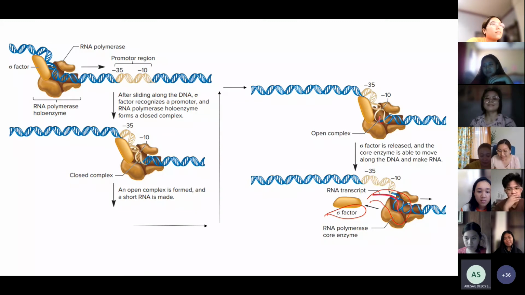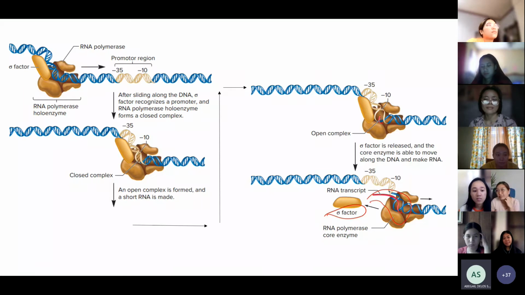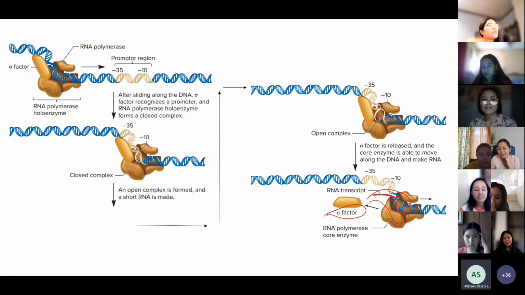But let's think of it this way. It's very hard to create a real life example, because this is very specific. So we cannot compare it to any other real life example.